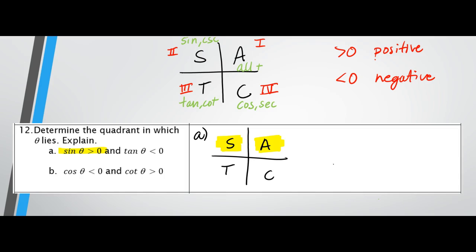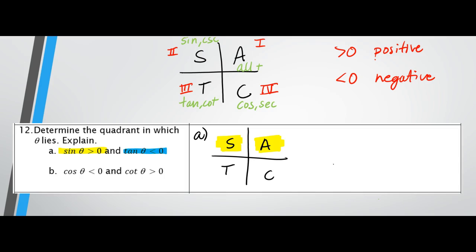All right, so now we have to look at the next one, which is tangent is less than 0. So less than 0 means negative, so we're going to have to do it like a two-step process here. The first step is to figure out where tangent is positive.